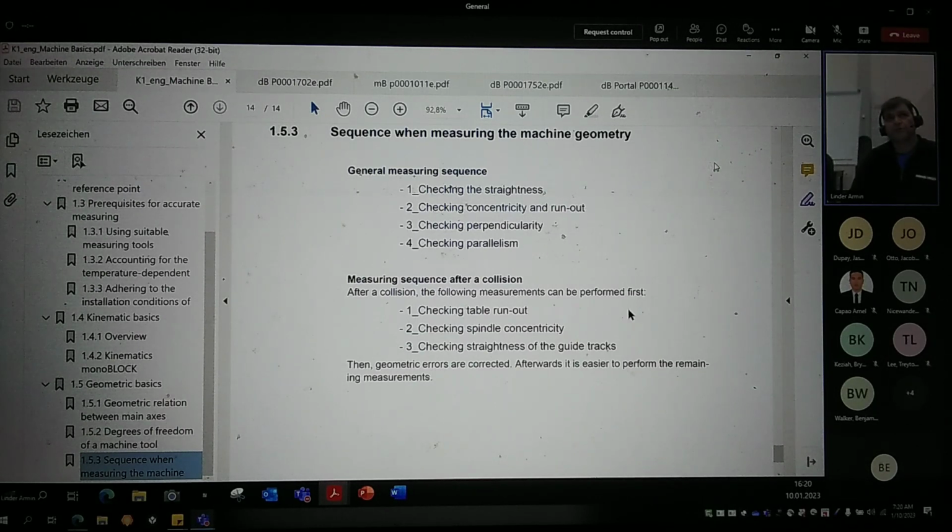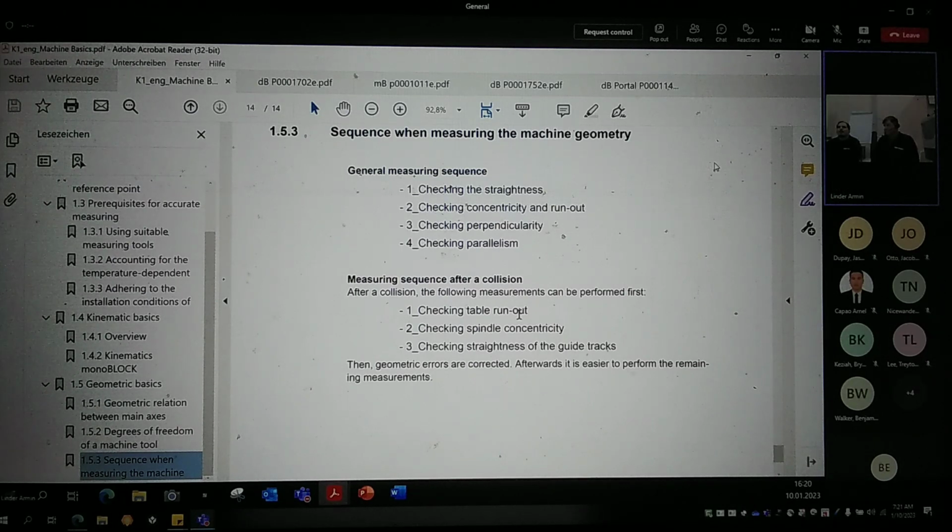If you check the table runout and there is a failure seen, then you have, for example, maybe you only unlock or unstress the bearing as the first step.